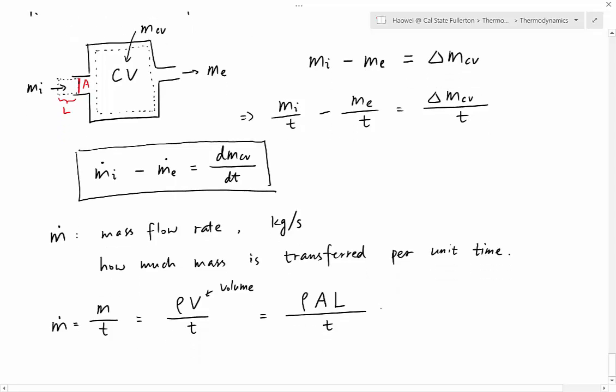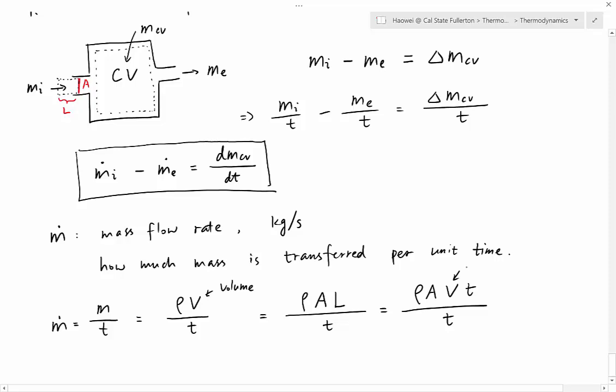Okay, so now let's continue. Rho A over T. Let's keep rho A and T. Now let's calculate length. How do you calculate the length that the fluid has traveled, in other words, distance? Distance is equal to velocity multiplied by time.